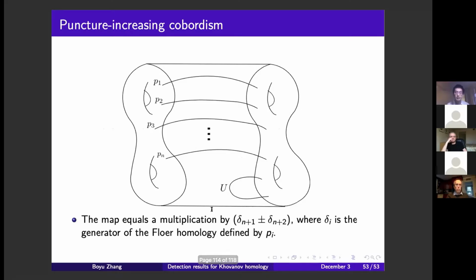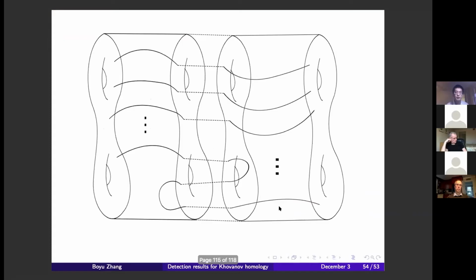Similarly, we computed this map directly by looking at the representation varieties and solving for critical points of the Chern-Simons functional, and showed that this map is given by multiplication by a combination of two of the generators. This map also has a left inverse, so it's injective.